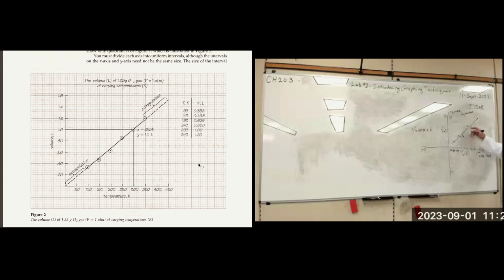If I change the temperature to this value, I go up to that line, then I go across, and that's what the volume would be. So I pick a number that's within the range for my independent variable and find out what the dependent would be. Or you can go the other direction. What temperature would it take to give me this volume?